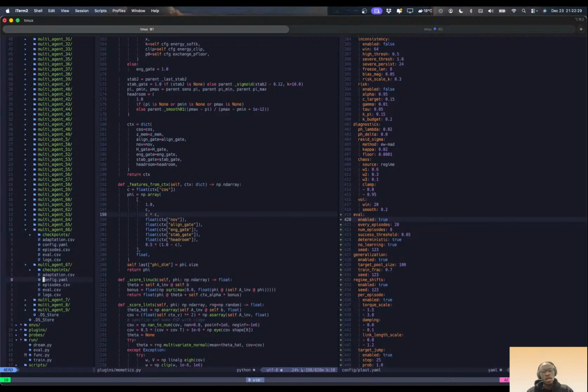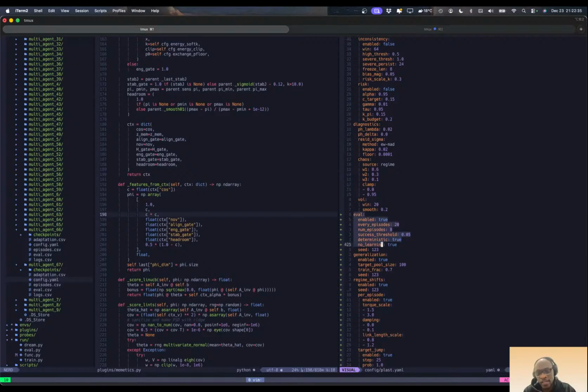Now I have the plots. So from the right, I have this evaluation, call it eval. When enabled, we evaluate during the run. So we turn off everything else. By everything I mean learning, noise, everything. We turn off the system, and then clone the system so that we can evaluate from that.